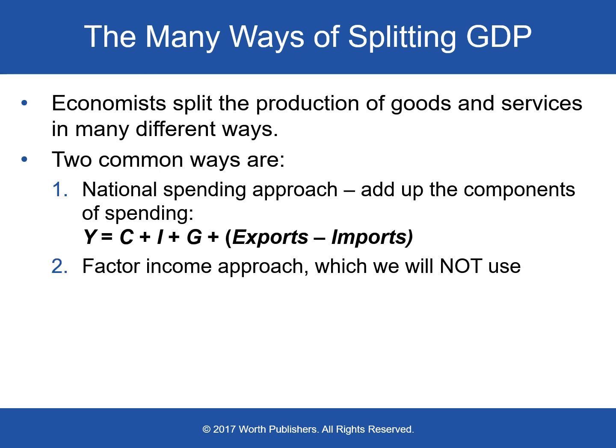Now, there's one thing I want to say about the C plus I plus G plus exports minus imports equation. That equation causes some sort of difficulty, and there's a reason psychologically for the difficulty, which no textbook ever tells you, but I will tell you.